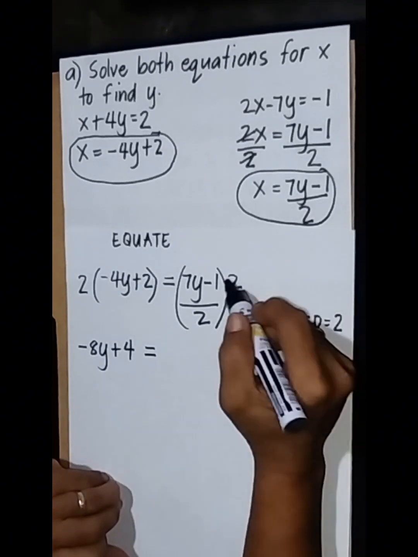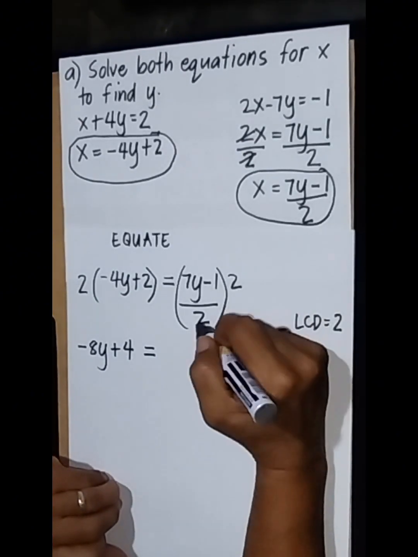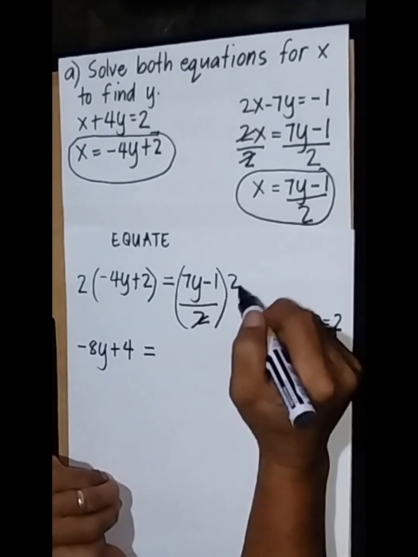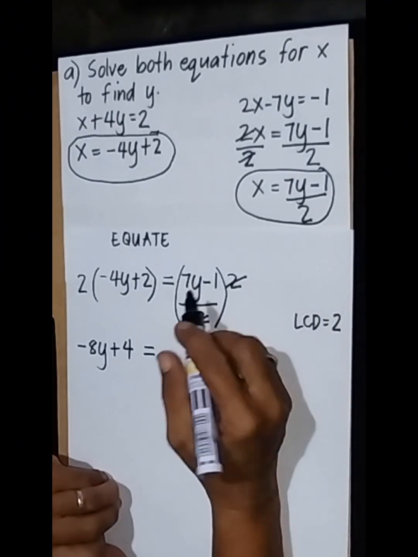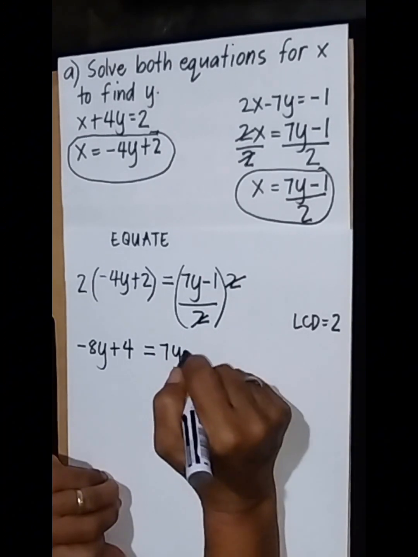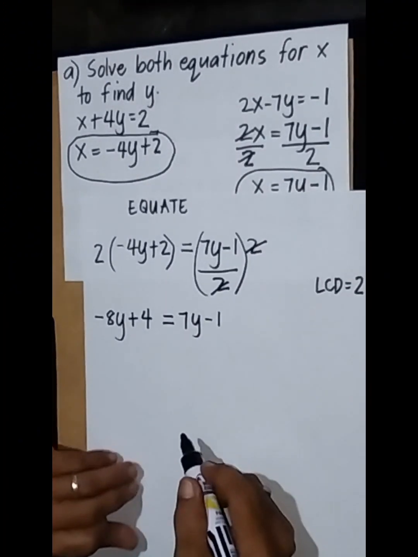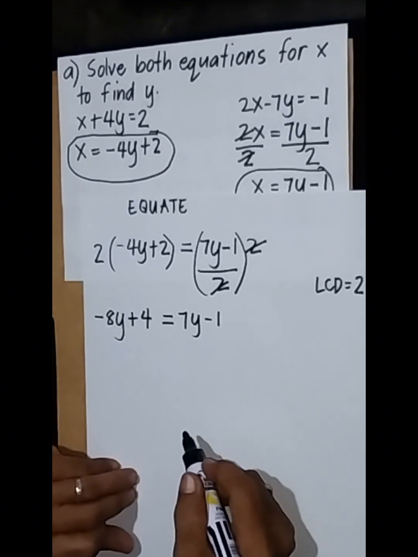Equals, 2 divided by 2 is equal to 1. So cancel. So ang natira na lang po ay 7y minus 1. Now, we have to combine the like terms.